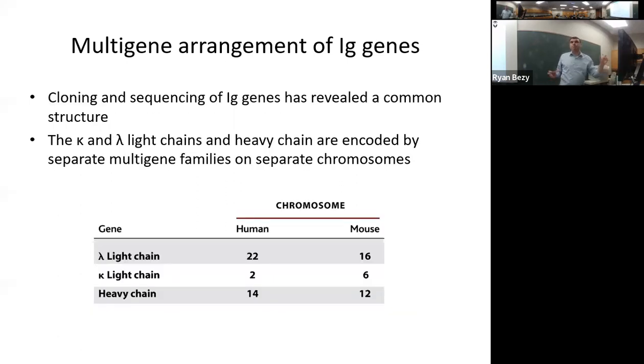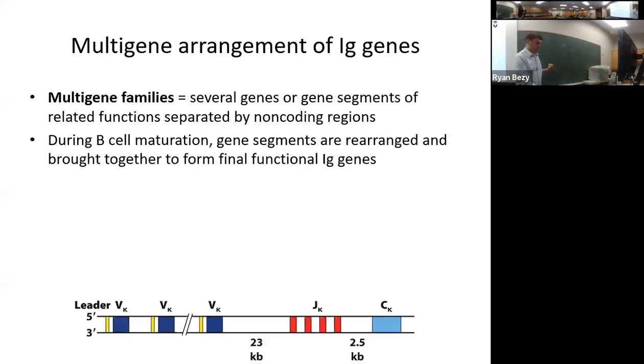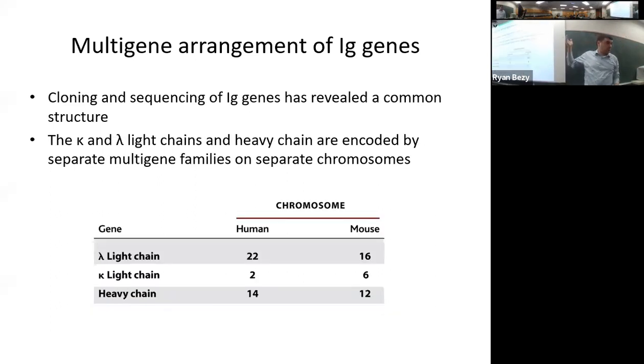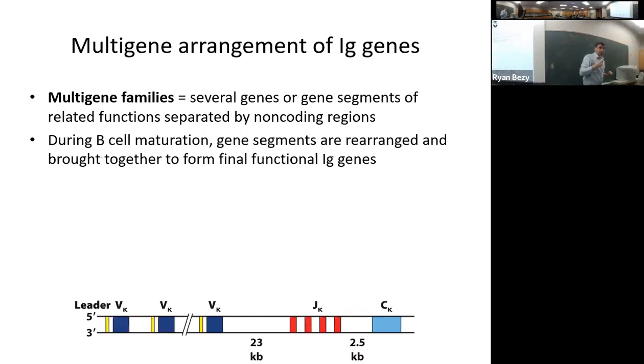They're encoded by what are called multi-gene families. In a multi-gene family, you have several genes or gene segments of related function clustered together. For instance, the lambda light chain is all in one big area of chromosome number 22. So these genes are just clustered together next to one another on a chromosome.